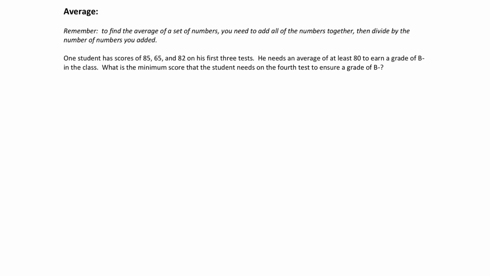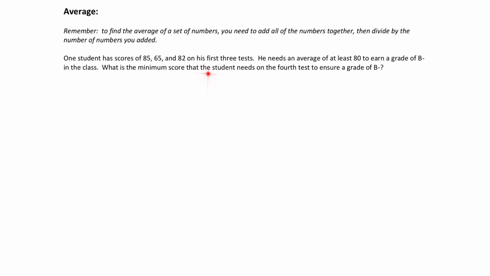So averaging. This is something you might want to try in real life with this class or another class. It's kind of helpful. Okay, so one student has scores of 85, 65, and 82 on his first three tests. He needs an average of at least 80 to earn a grade of a B minus in the class.